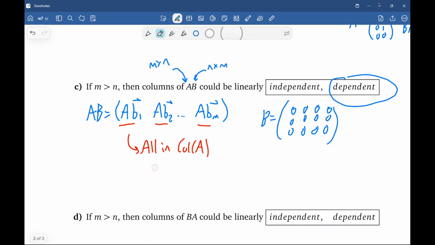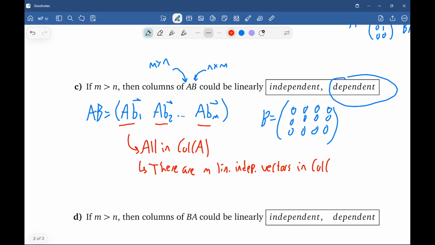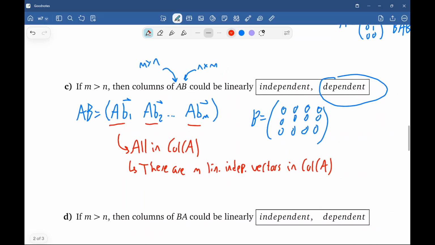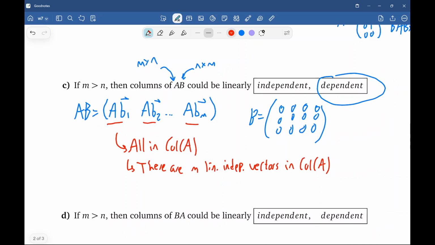Or actually, let's not do this in terms of pivots. If they're linearly independent, this means that there are m linearly independent vectors in the column space of A. All right, we're pretending it is linearly independent to see if it works out.